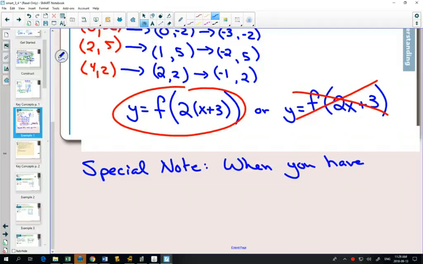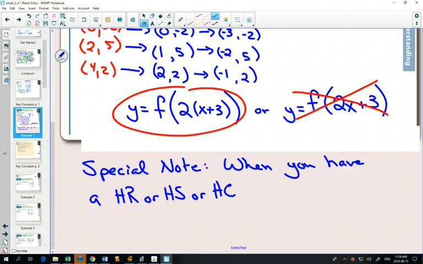When you have... I could write this all out. Are you okay if I write horizontal reflection, horizontal stretch, or horizontal compression as abbreviations?